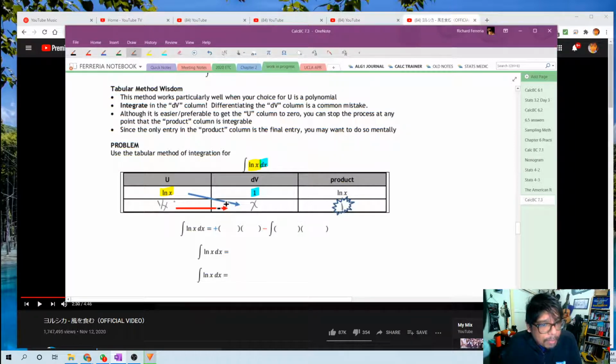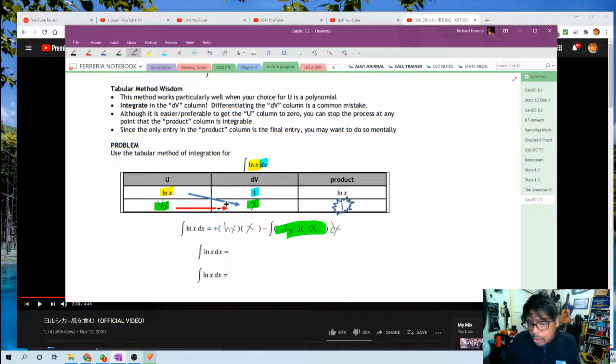Okay. Natural log of x times x minus the integral of the last row. So minus the integral of 1 over x multiplied by x and then dx, that last row multiplied together.